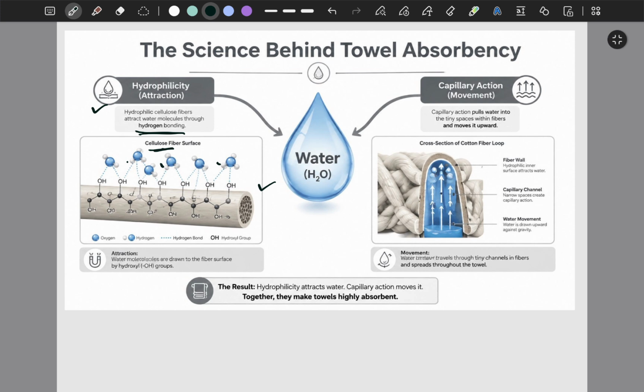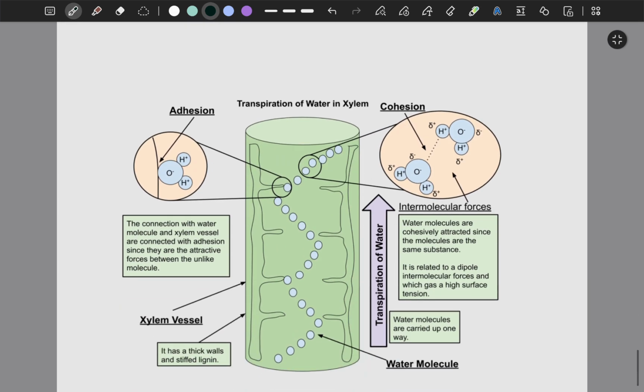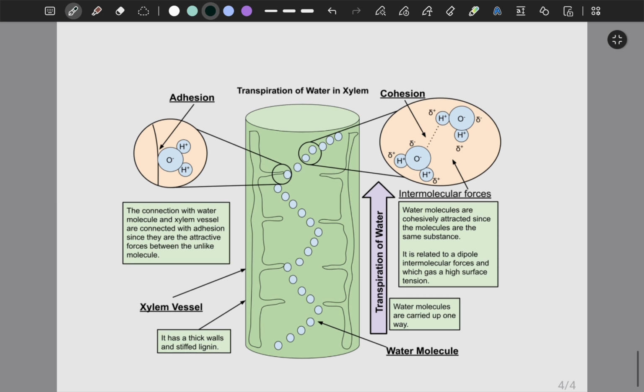Clear? It forms hydrogen bonds with water. Second, capillary action is also there. Clear? Okay. Now if I say xylem, in the walls of xylem there is cellulose also. There is cellulose, hemicellulose, pectin.